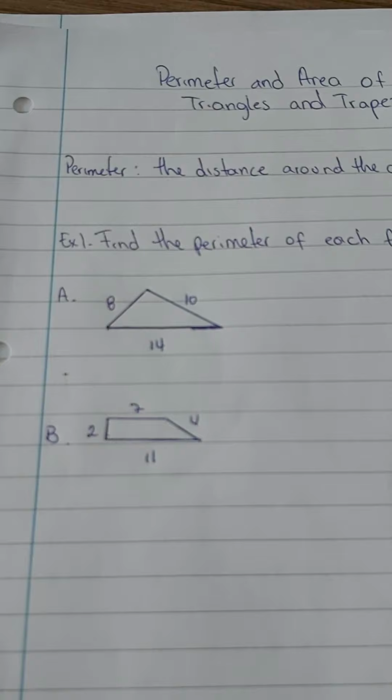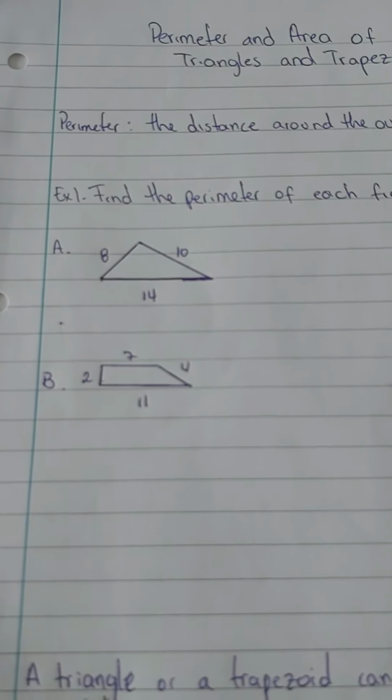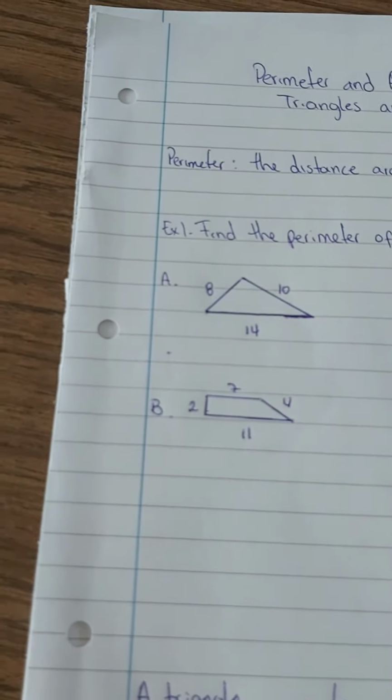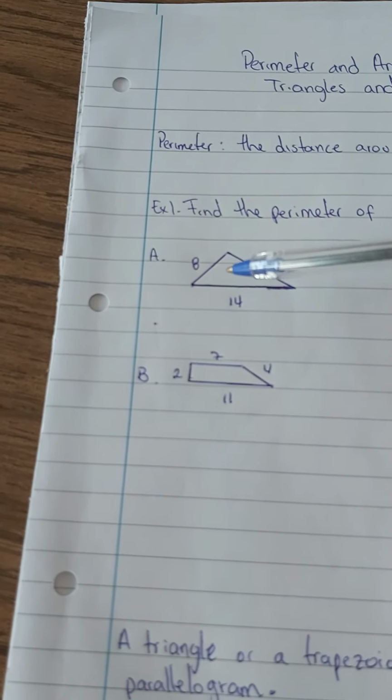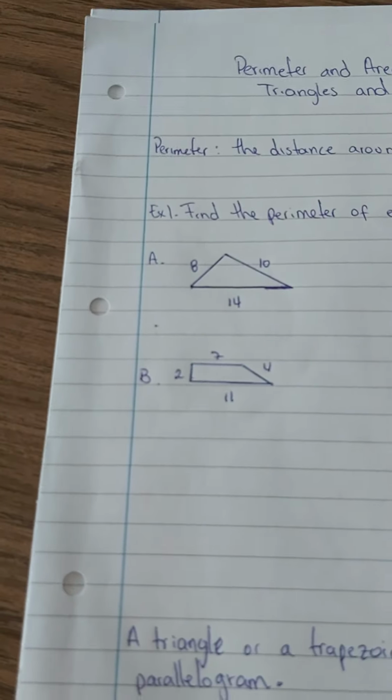Now, in part A, we have a triangle with 3 sides. This side measures 8, 14, and 10.